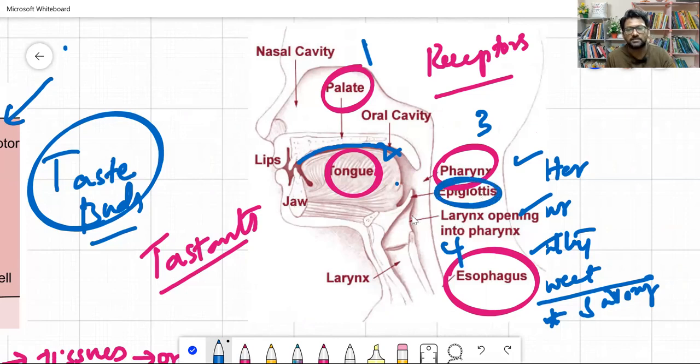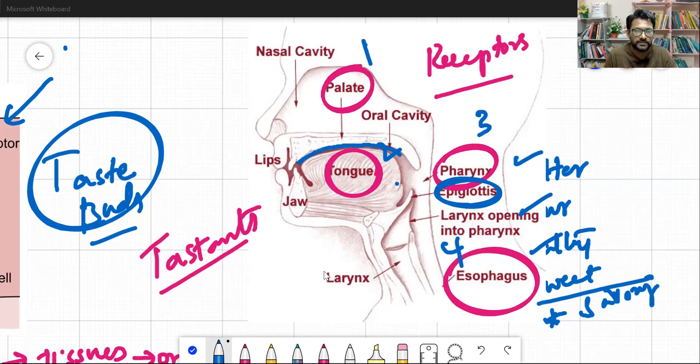These contain the receptor cells, which help in perceiving smell and taste. So these are the important tastes that you can get in the sensation of taste.